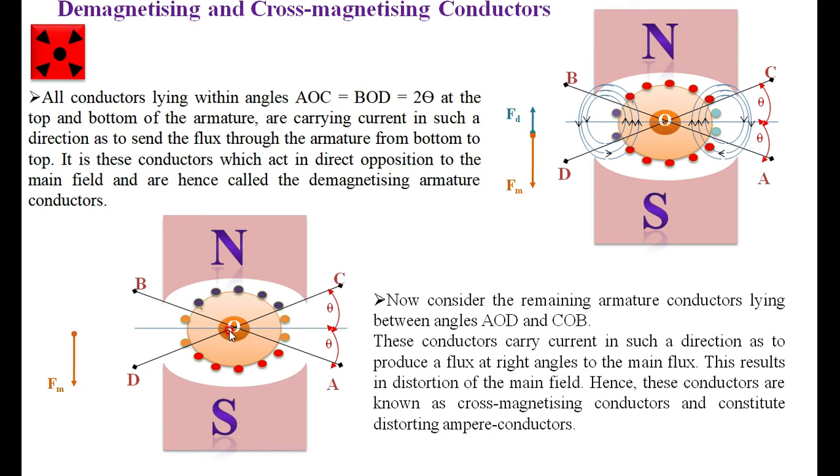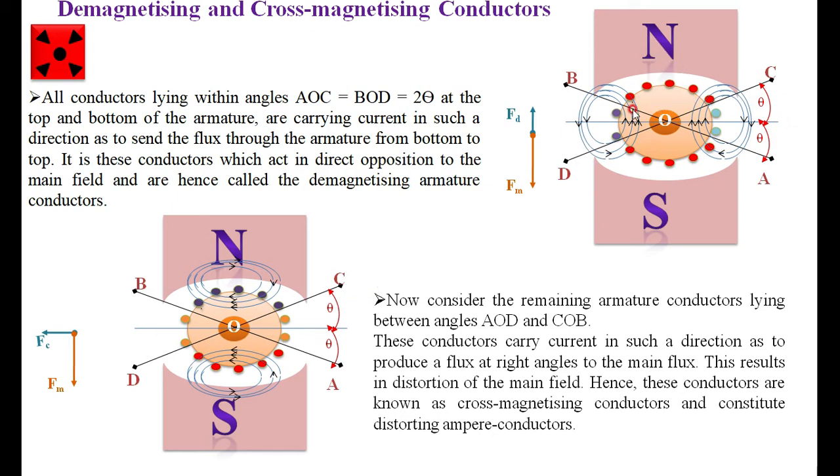Okay. Now the flux produced by the armature between AOD and COB is at right angles to the main flux. You can see here it produces flux from right to left, whereas the main flux is from N to S. Therefore, it is represented as Fc, where Fd is exactly opposite to the main flux, whereas Fc is perpendicular to the lines of the main flux.